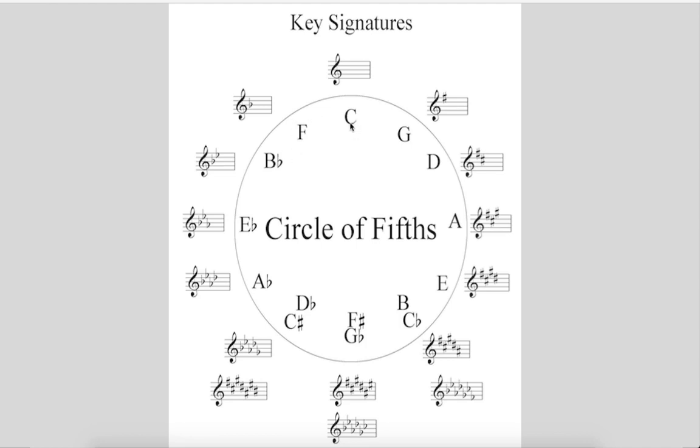C up a fourth is going to be F. Up a fourth is going to be B flat. Up a fourth is going to be E flat. That'll work all the way around. So it's a circle of fourths if you go to the left around it, and a circle of fifths if you go to the right. Okay? Shows us all our key signatures and all our closely related keys. That is the value of the circle of fifths. And that is what it is.